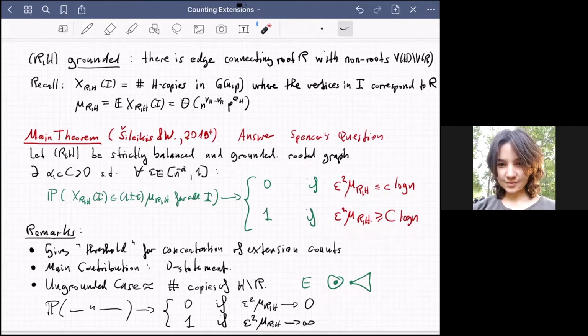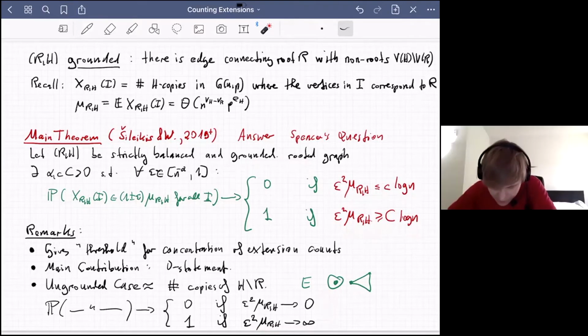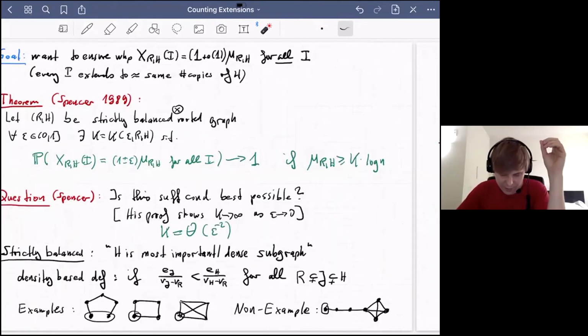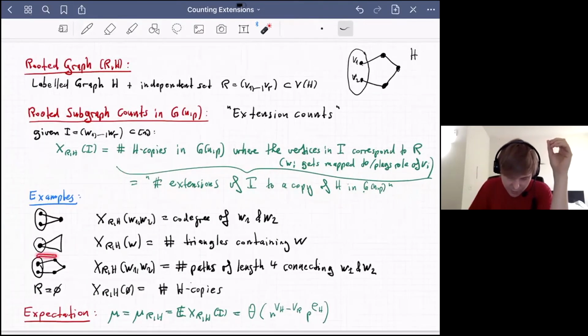I'm sorry, I don't understand the 0 statement. Okay, so the 0 statement, let's specialize, for example, to the situation where we look at this example here. We're looking at the number of triangles containing one vertex.